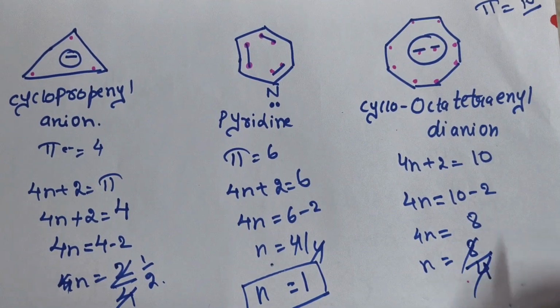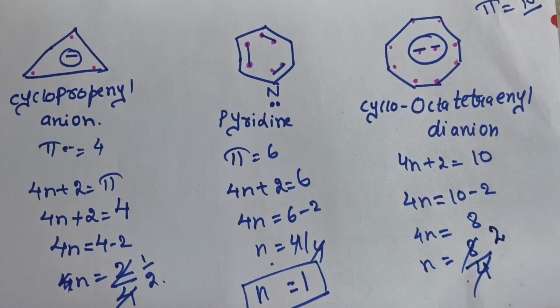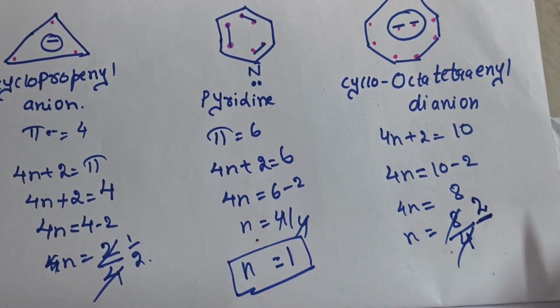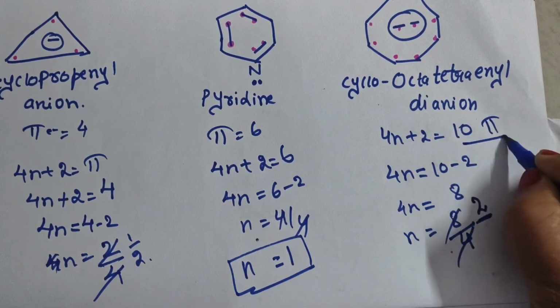So you will get n is equal to 2. So this species is considered to be aromatic. Because of the anion, this compound will follow Huckel's rule, so it is aromatic and it has a 10 pi electron system.